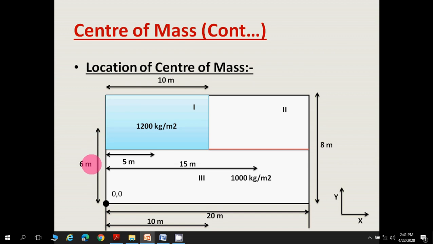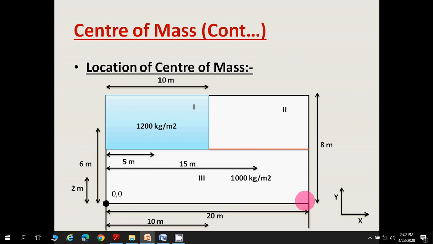So 4 plus 2 is 6 meter. y1 is also equal to y2, because in the y direction the CG of both plans is the same, so y1 and y2 will be equal to 6 meter. And y3 will be equal to 2 meter, because it's a 4 meter width, so 4 meter divided by 2 is 2 meter.